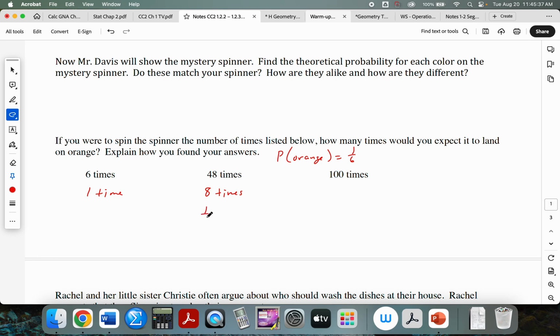So if we have 1/6, if you multiply that by 8 over 8, that gives you 8 over 48. So 8 times out of 48, we would get an orange if it worked exactly.